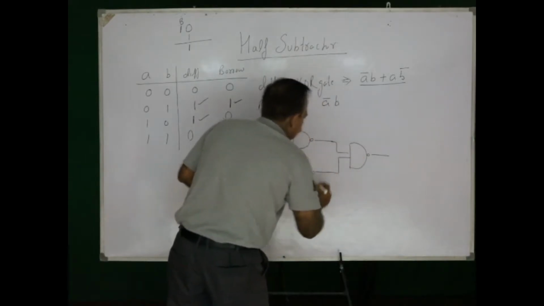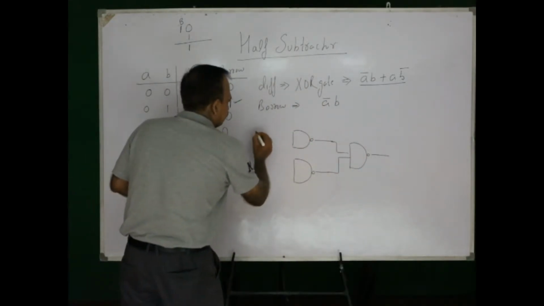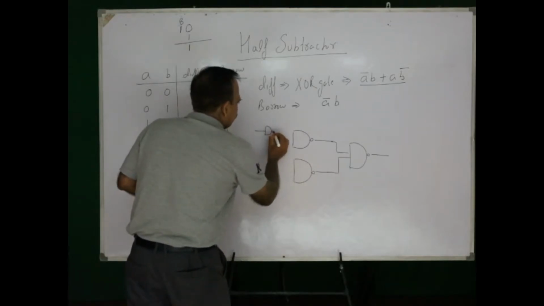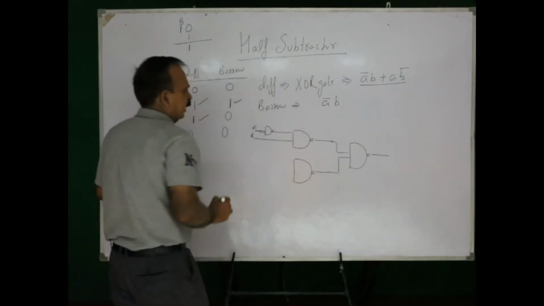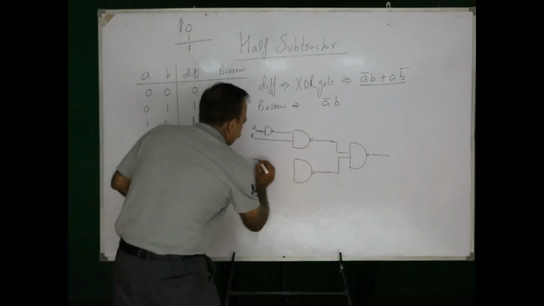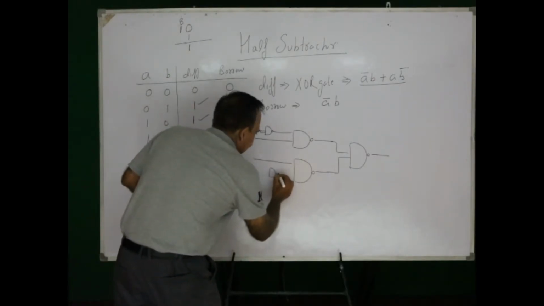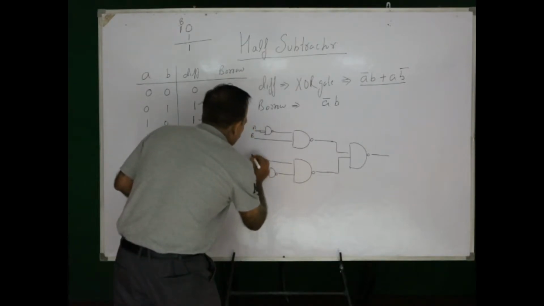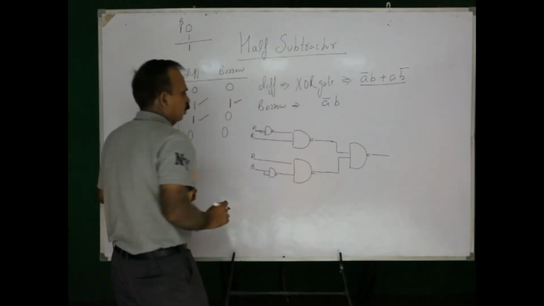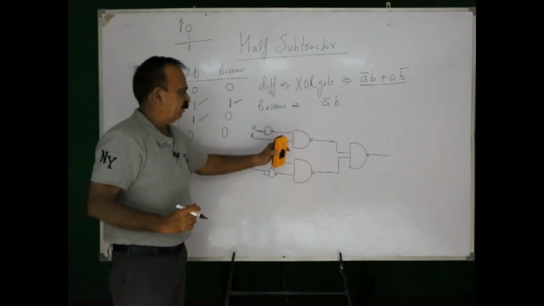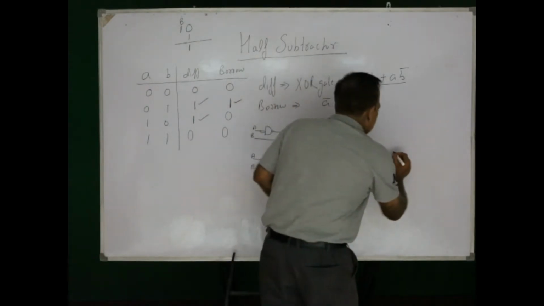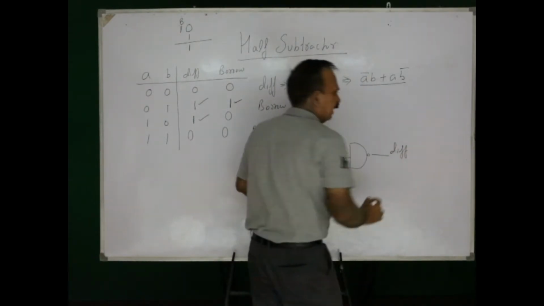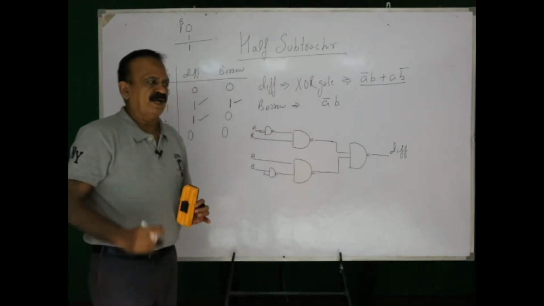Say the inputs of these will be, the first is A bar, and that will be with the help of a NAND gate after connecting its inputs, and the other is B. So, A bar B, and the second one will be A and a NAND gate with connected inputs to represent B bar. So, these will be A bar B and A B bar, and this output will be representing the difference A minus B.